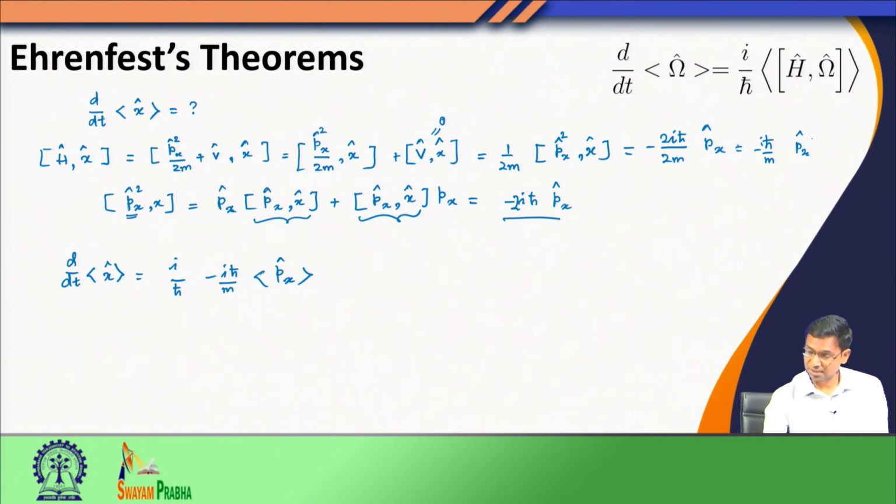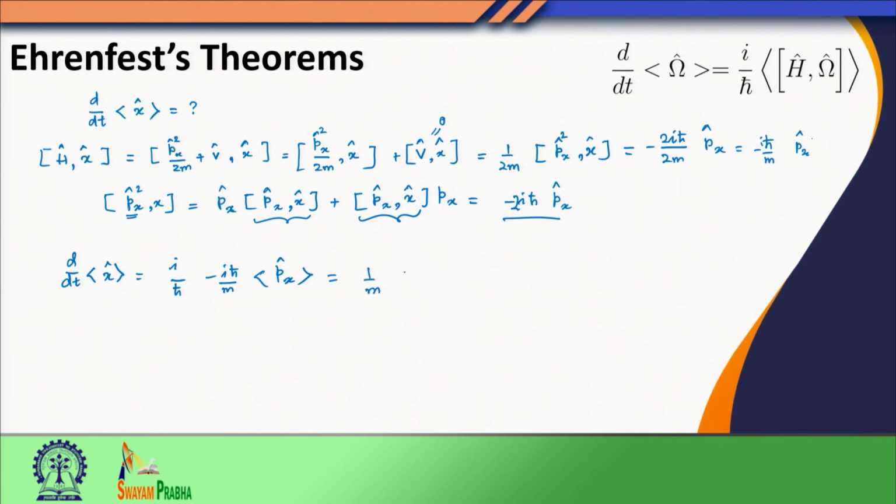Since these are all constants, I brought them out of the expectation value. When I look at this term, minus i times i becomes 1, h bar cancels out, and I am left with 1 over m.